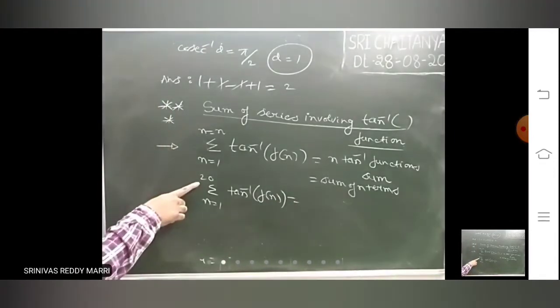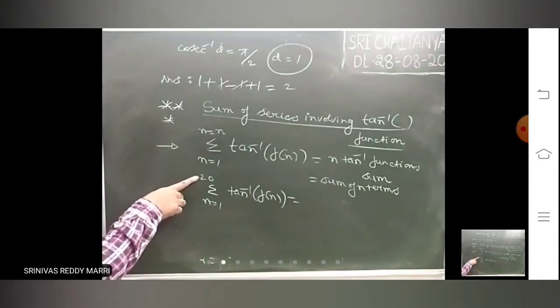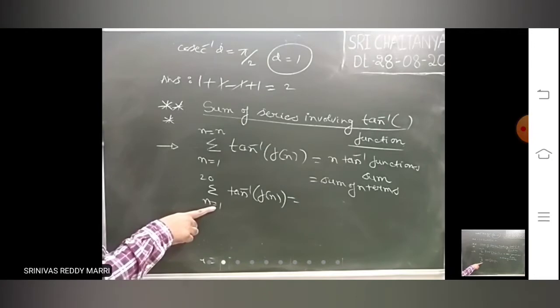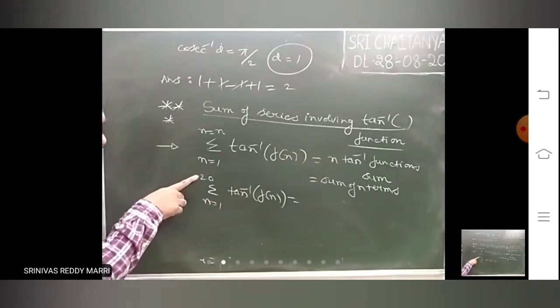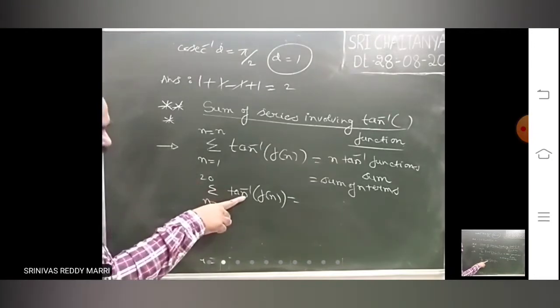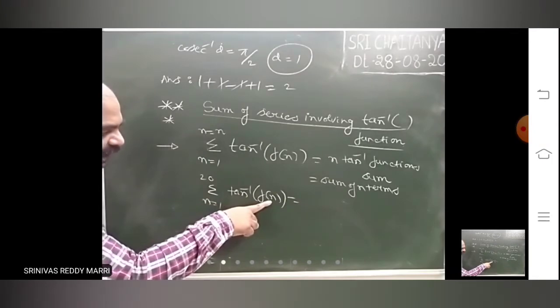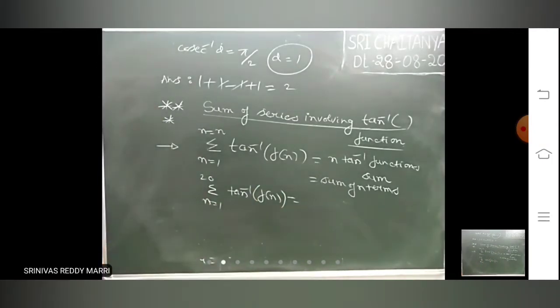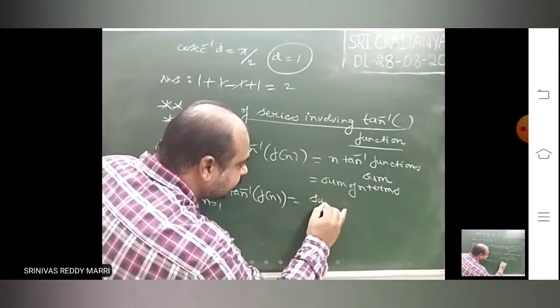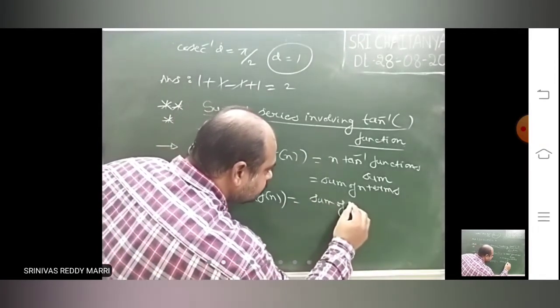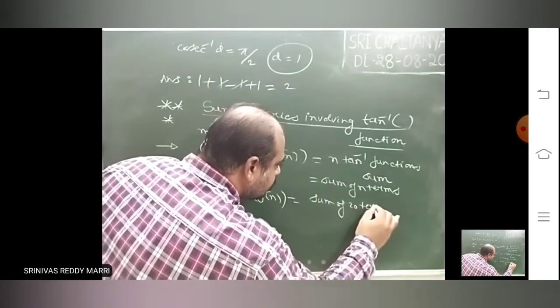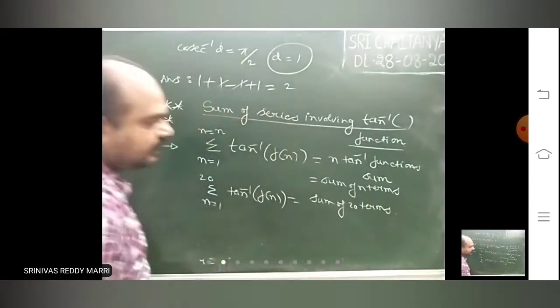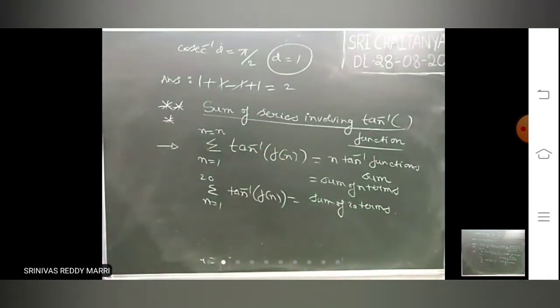Upper limit n not given also, you have to understand that. This is the limit of n only, n equal to 1 to 20. What is it? Tan inverse f of 1 plus tan inverse f of 2 and so on, tan inverse f of 20. This is sum of 20 terms.